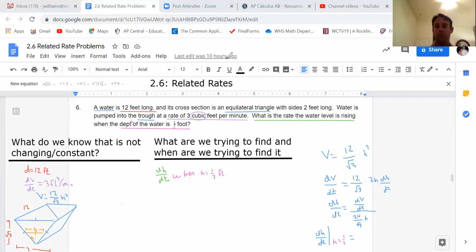That was 3. Let's throw that up there in the top. And what else do we know here? We have our 24 over root 3 times our h, and that h would be 1/2.